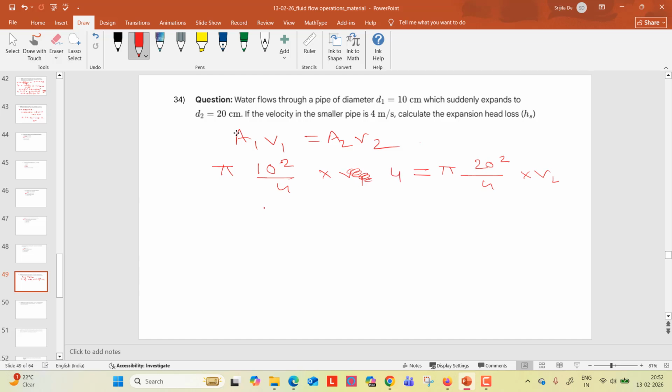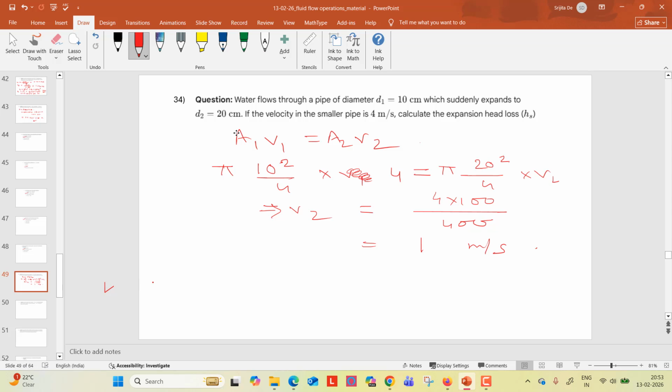So V2 is 4 into 100 by 400, which is 1 meter per second.